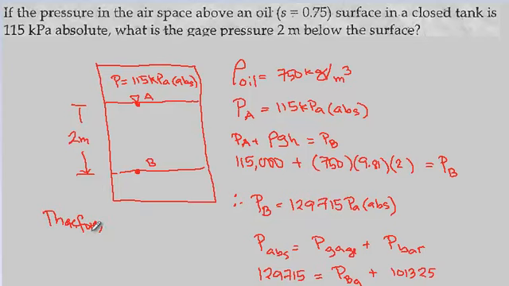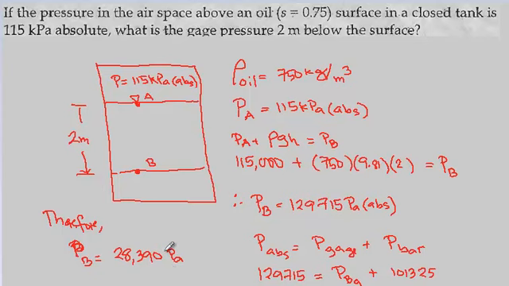Therefore, what we are really looking for, PB, is equal to 28,390 Pascal, and this is gauge. We don't need to put gauge, because if we don't put it, it is assumed to be gauge pressure. What does this mean?